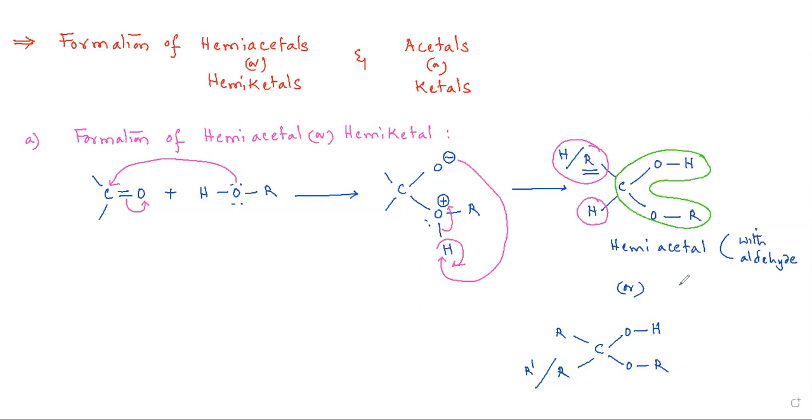A very important thing which will be very important in finding the reducing sugars and the non-reducing sugars when we go for carbohydrates. Now, this is called hemiketal, with keto. Okay.